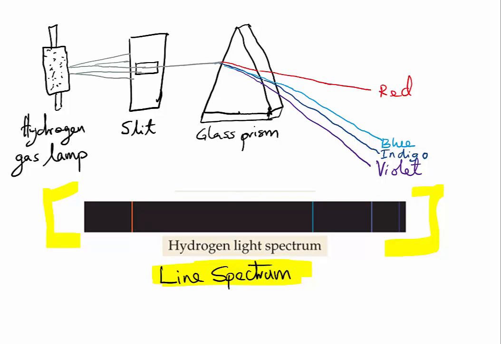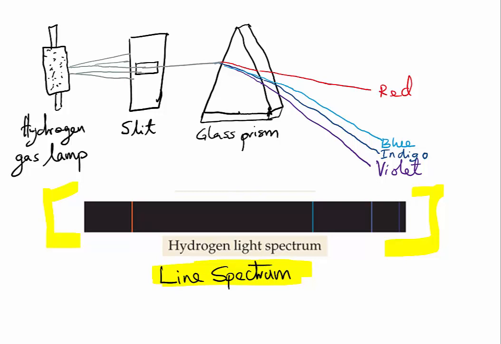But if you used neon gas, helium gas, or any other gas, you will get similar line spectra. And this is the question. Why is the hydrogen light spectrum and the spectra from other gases different than what we get from white light?